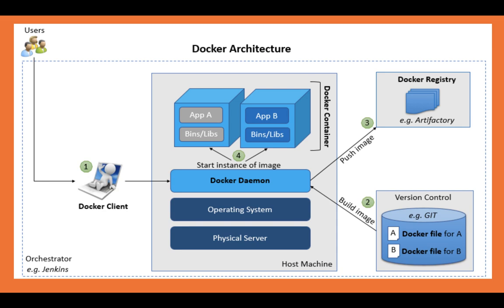The Docker daemon is sitting on the operating system. We have a Docker registry from where we can push and pull Docker images. The Docker daemon will help us to create Docker containers using Docker images.